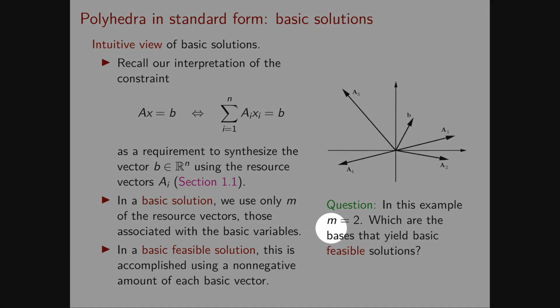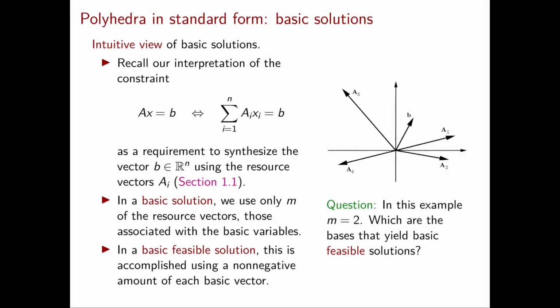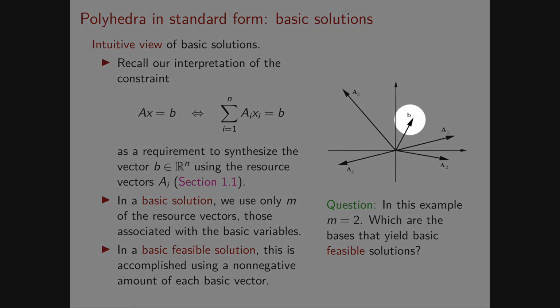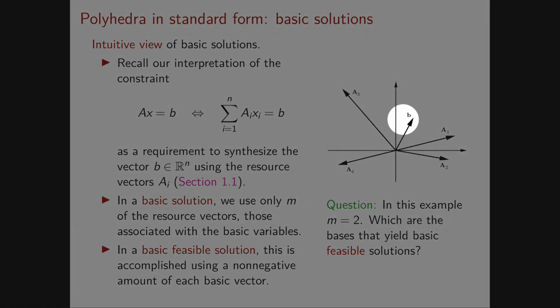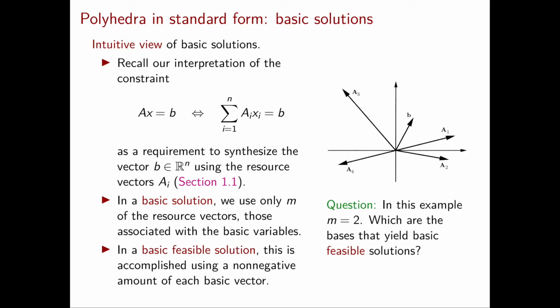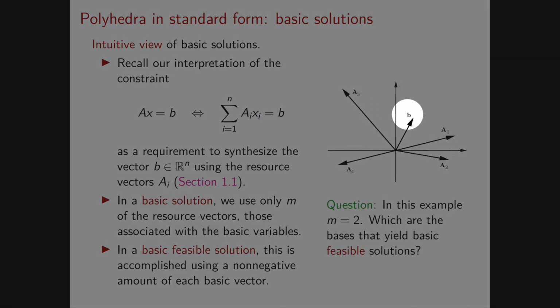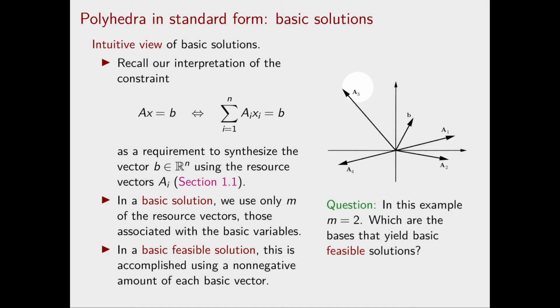For example, if we select A1 and A3, the question is, can I write b as a non-negative combination of A1 and A3? And from the picture, you can easily see that this is the case. And this happens because geometrically b lies in the cone generated by A1 and A3.